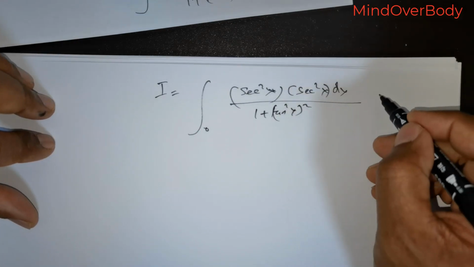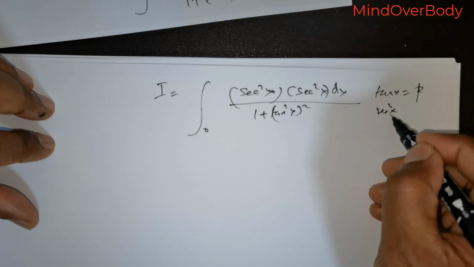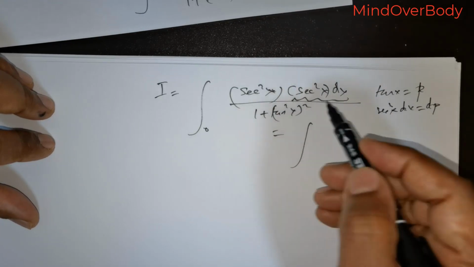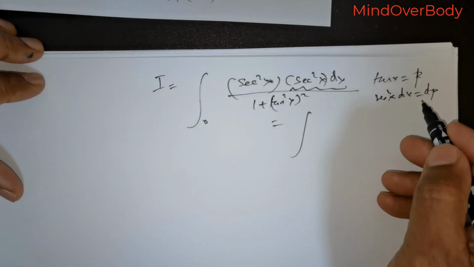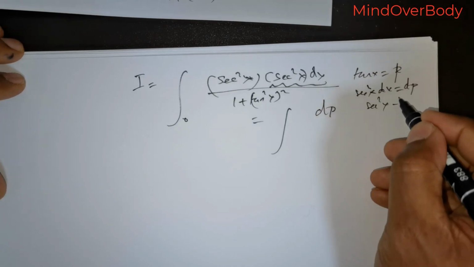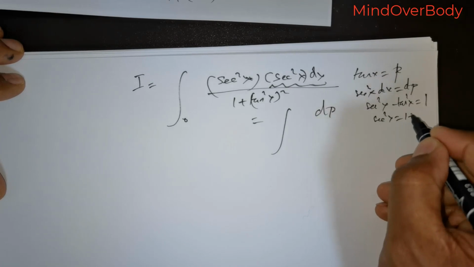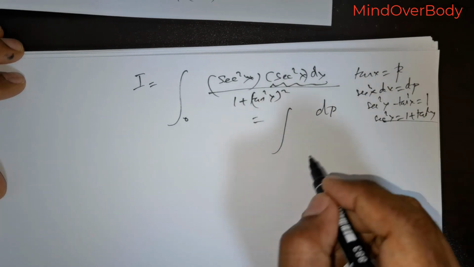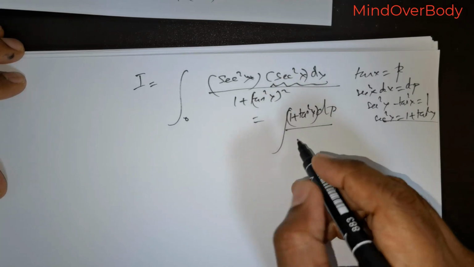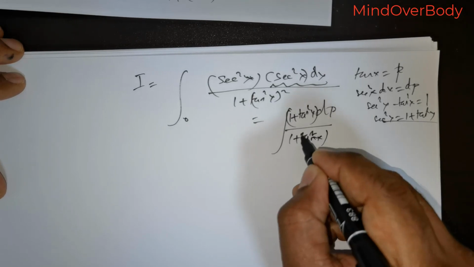So I have secant squared x times secant squared x dx divided by (1 + tan squared x) squared. Now I've taken tan x to be equal to some p. So differentiate it, I get secant squared x dx is equal to dp. So in place of secant squared x dx, I will substitute dp, and there is a secant squared x. I have a formula, secant squared x - tan squared x is equal to 1. Therefore secant squared x is 1 + tan squared x. So substitute that: 1 + tan squared x divided by (1 + tan squared x) squared.